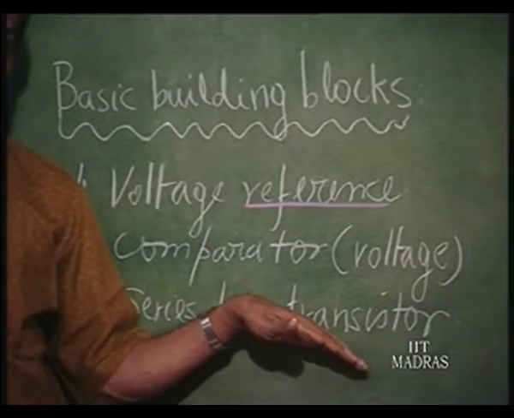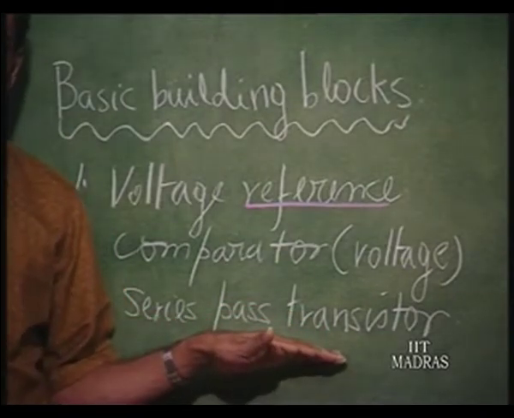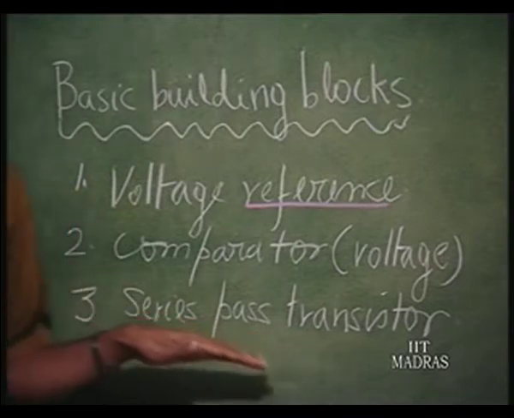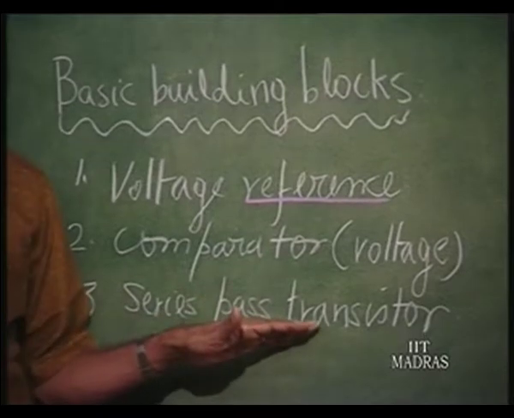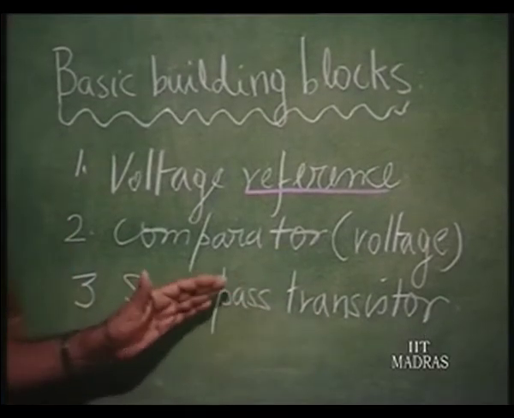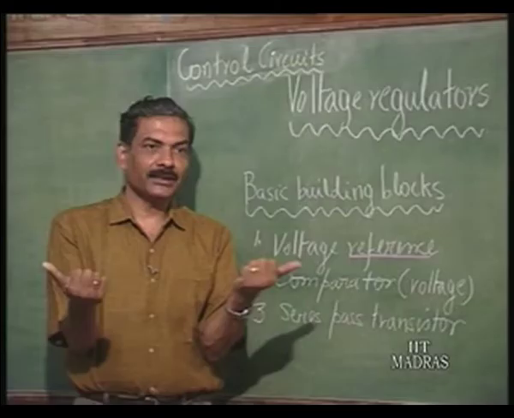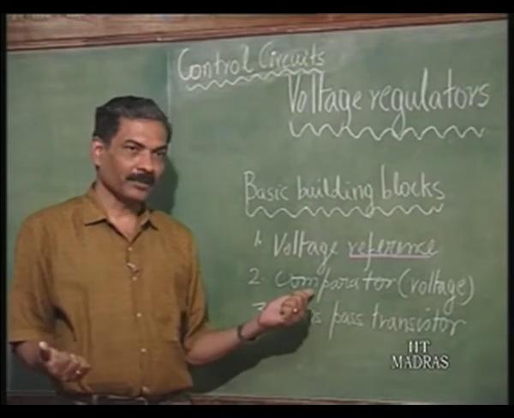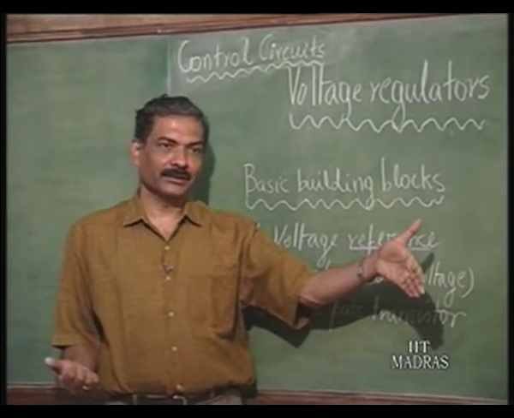In the case of maintaining output voltage constant, there will be something coming in series. This is the active device, in this case a transistor, called the series pass transistor. This is coming between output and input in series. And this series pass transistor is the one that will have its voltage controlled by this comparator output in such a way that output voltage is maintained constant.